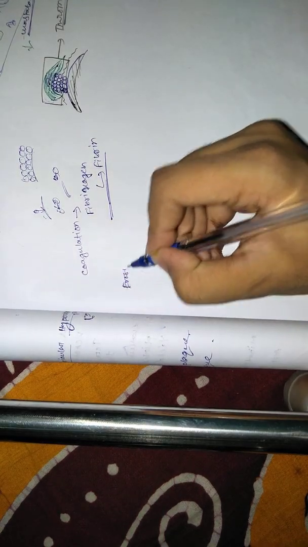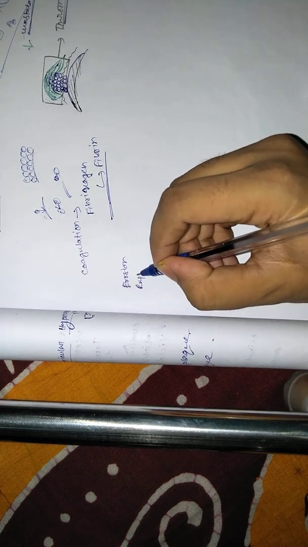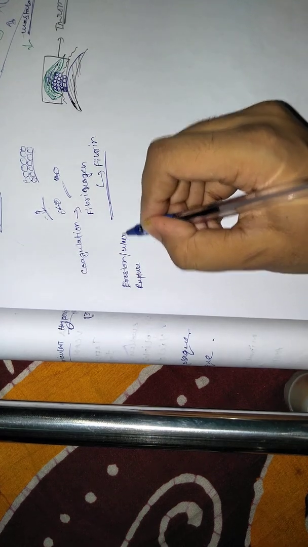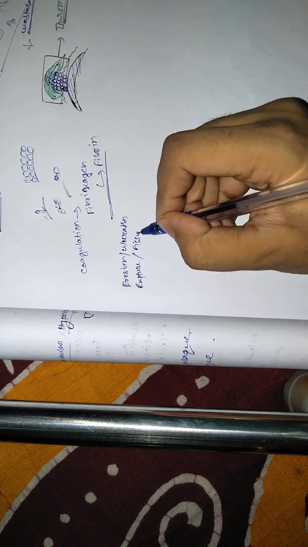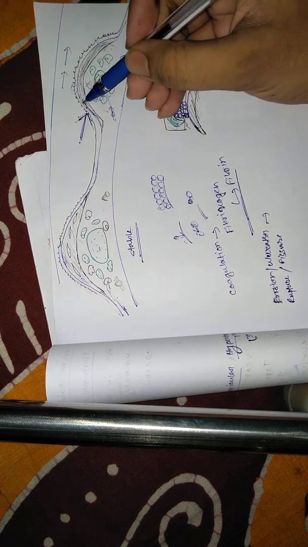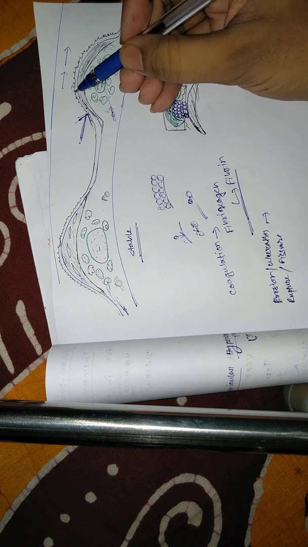Now what is erosion? There is erosion of the plaque. And what is the rupture of the plaque? It is also called erosion or ulceration of the plaque, and rupture or fissuring of the plaque, right? Erosion means only the dysfunctional endothelium, where the endothelial layer is ruptured.